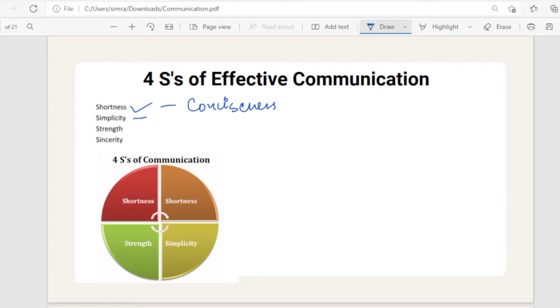Second, I am confident enough that I can explain it to you. I have knowledge of this topic. I can teach this topic in a better manner. So if I am not confident, if I am not able to explain it to you guys, what will it show? It will show lack of strength.